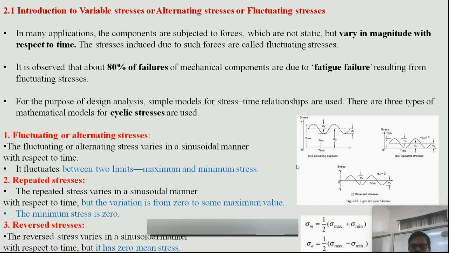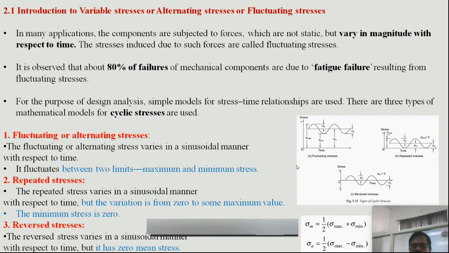If the stresses are variable in nature and they are applied over a period of time, then the member is going to fail at a value which is much lesser than its failure value in a simple tension test. So that condition is known as fatigue, and the failure is known as fatigue failure.